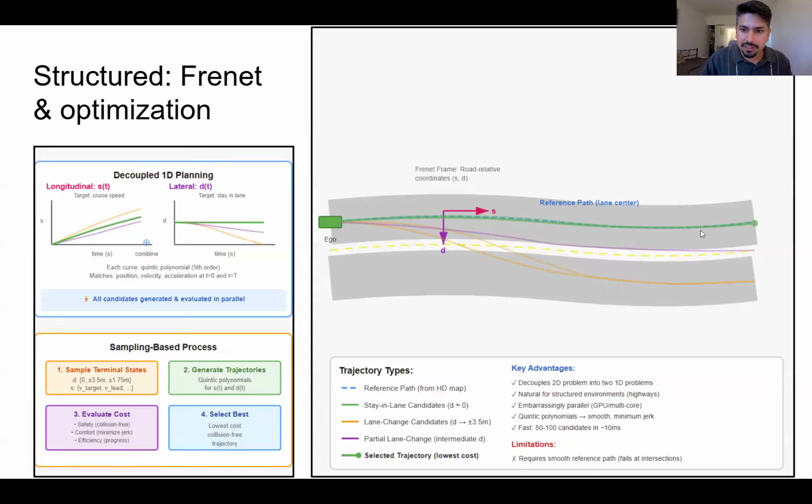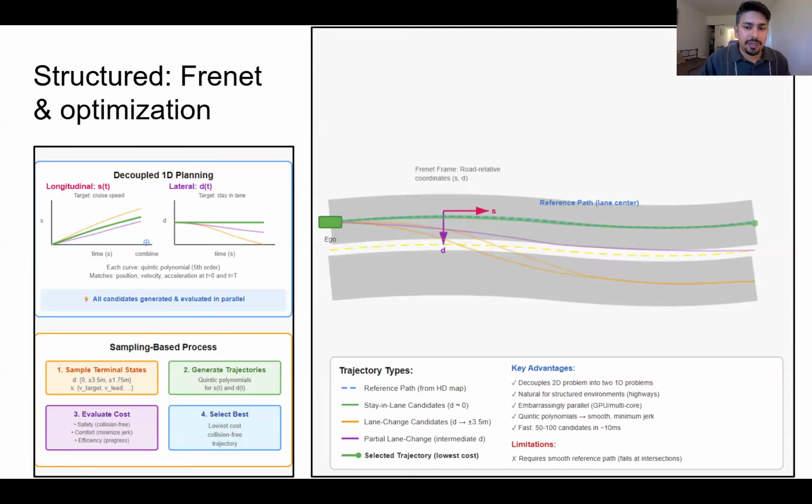That would be the green line that we see here. That creates a reference path. And then how the Frenet coordinates work is you break down your world into longitudinal and lateral states. In this case, it is called S and D. And you sample a bunch of these points around your references.